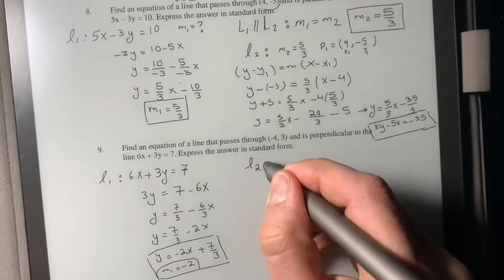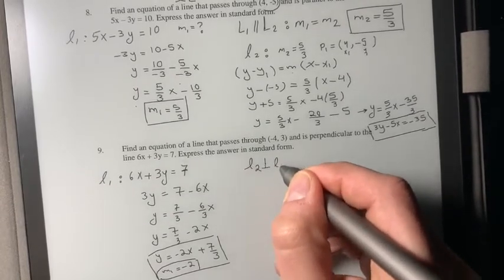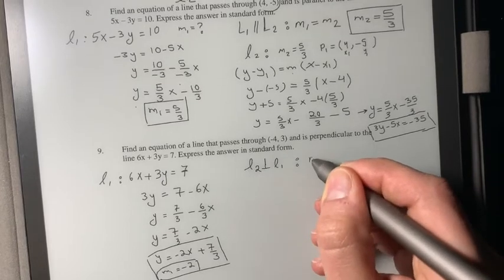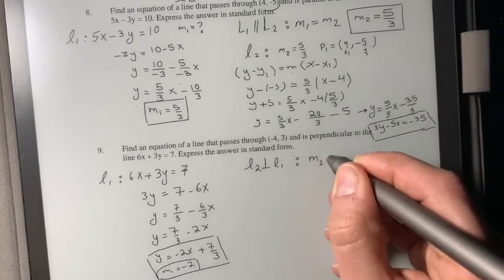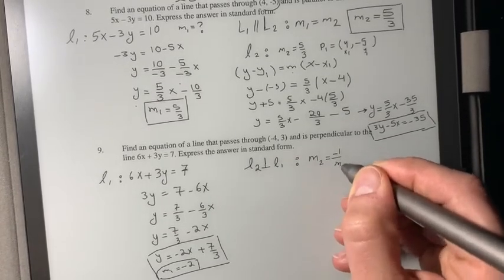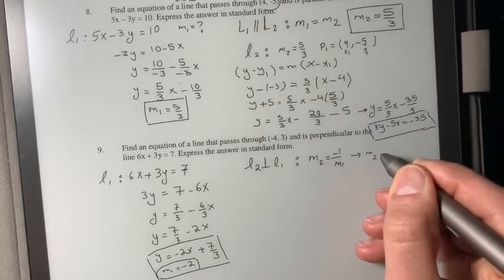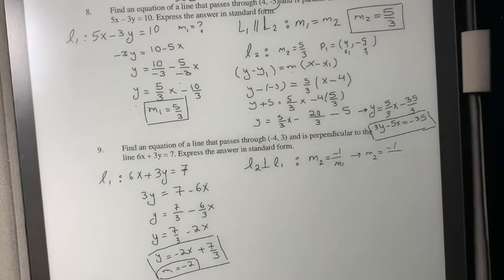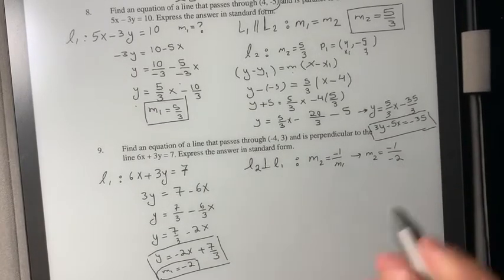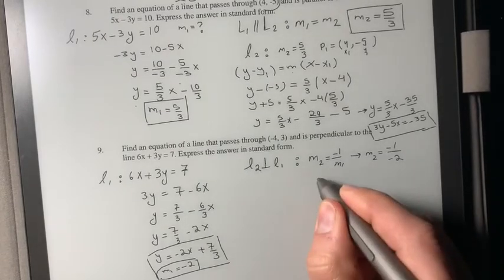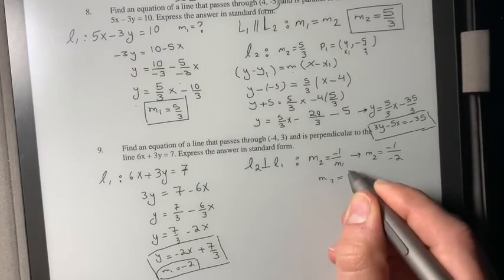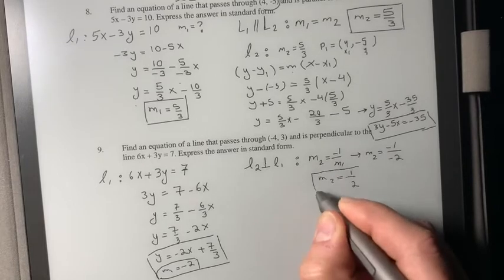Line 2 is perpendicular to line 1. If that happens, m2 is equal to negative 1 over m1, right? So from here, we can find m2 to be negative 1 over this slope for the first line. So obviously m2 is 1 over 2.